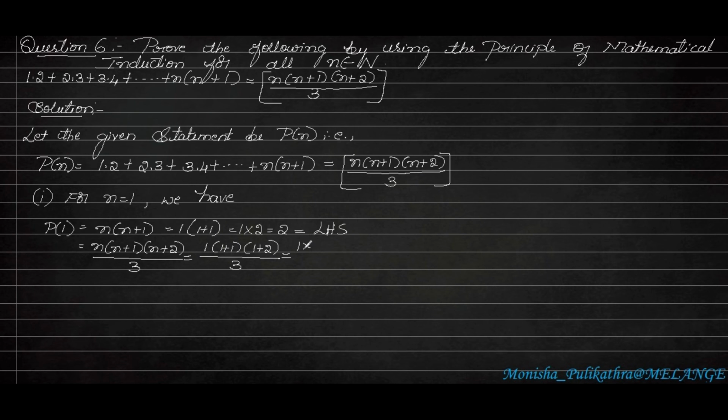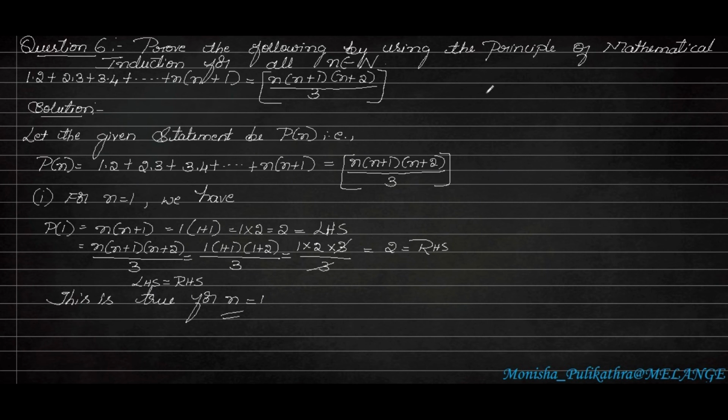So this will be 1 into 2 into 3 by 3. So 3 cancels, the answer will be 2. So this is RHS. So since LHS is equal to RHS, this is true for n is equal to 1. So the first step we have proved as true.